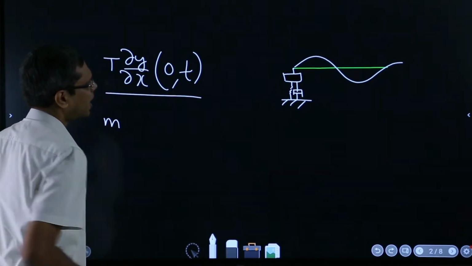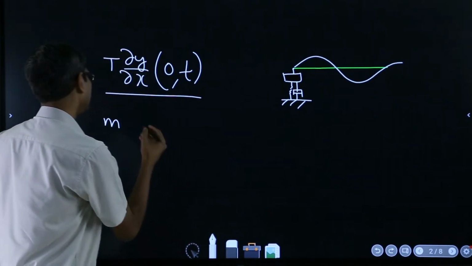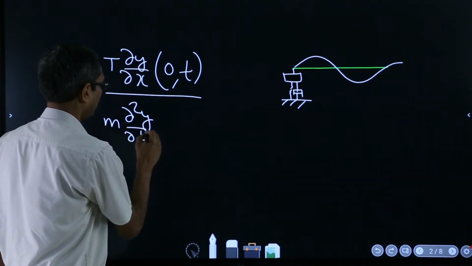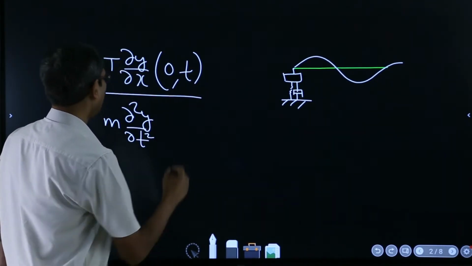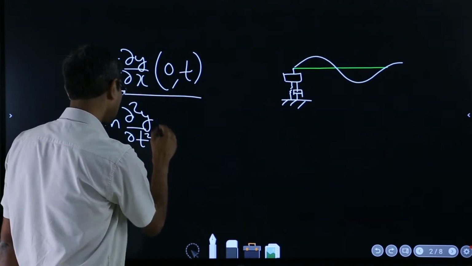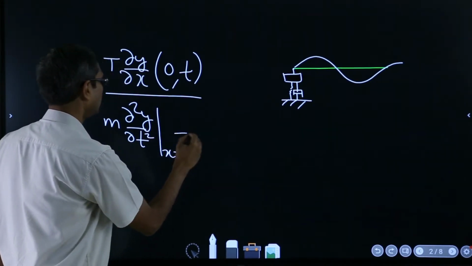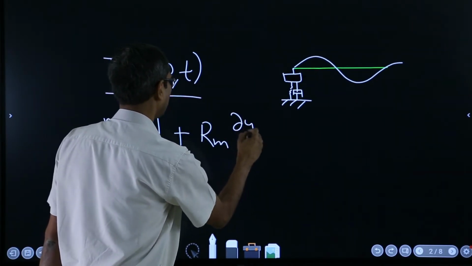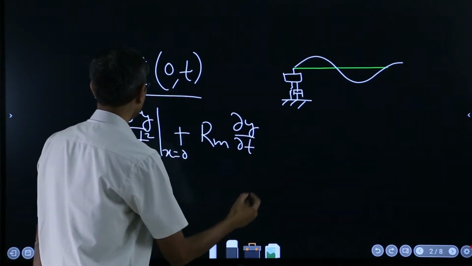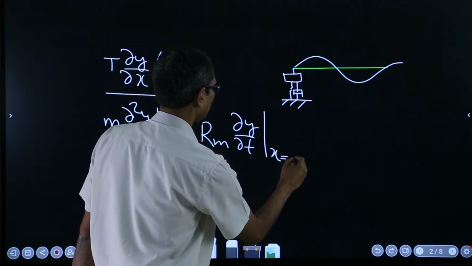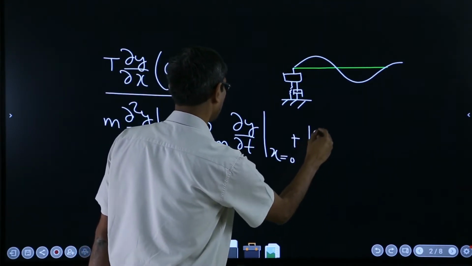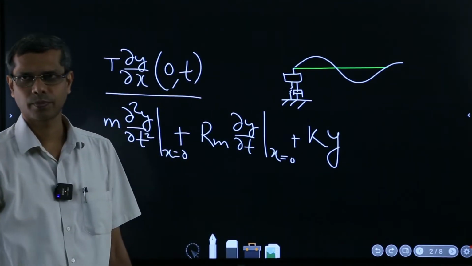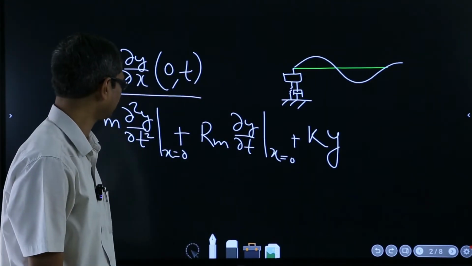Sort of mass times the acceleration of y at x equal to 0, plus stiffness k times y at x equal to 0, right.